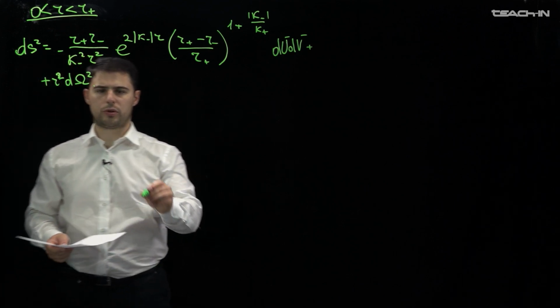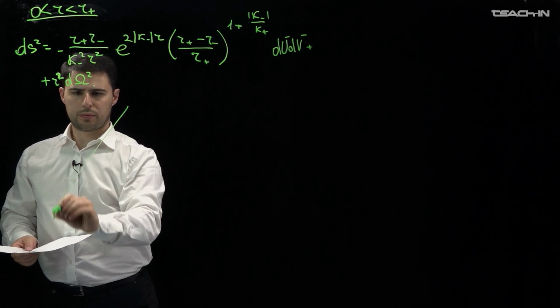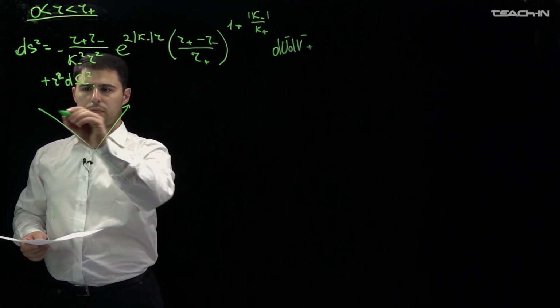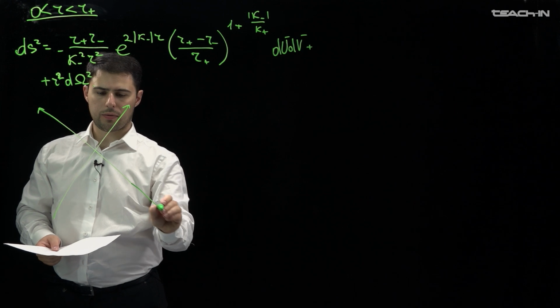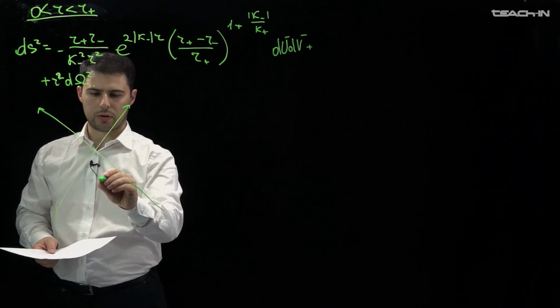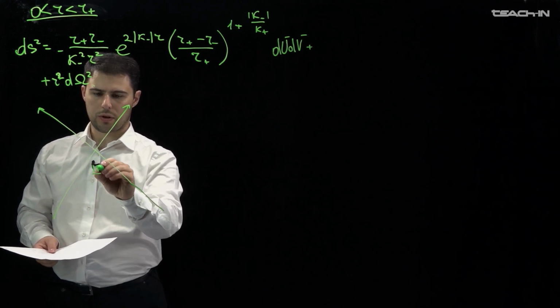So if you draw the Kruskal diagram, we will have region 2 here.